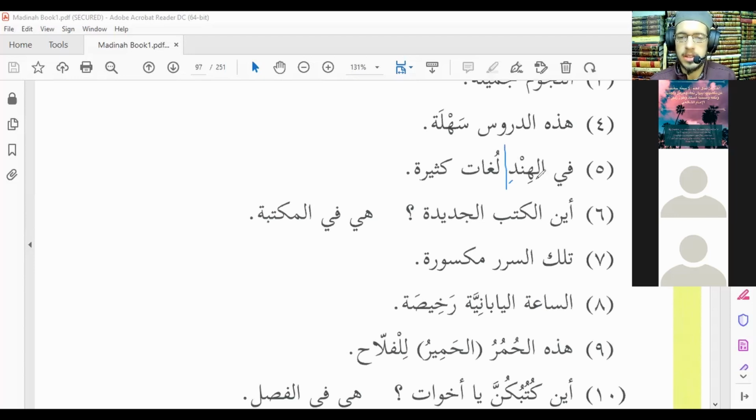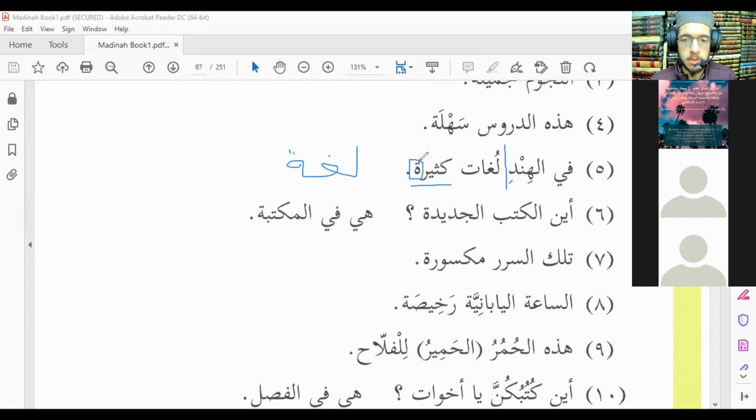fee, it's there. So, fil Hindi, lughat. Lughat is the plural of lugha, right? Which is singular feminine, no problem. But then this is plural, and it's not a human being. And so if we want to use an adjective to describe it, we're going to have to use a singular feminine form.